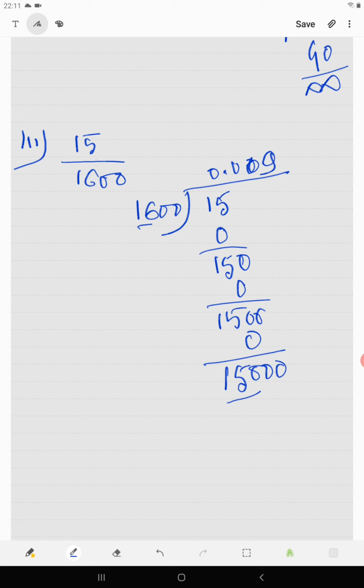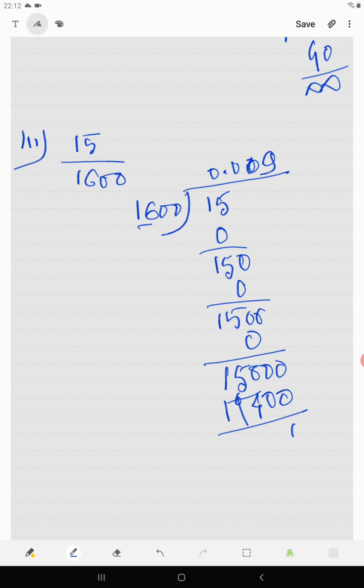So 16 9 is 144, so we will multiply 1600 into 9. 0 into 9 is 0, 0 into 9 is 0, then 6 9s are 54, so 4, 5 is in our hand, 9 1s are 9, 5 is 14. You see, this is the 144 I was talking about.